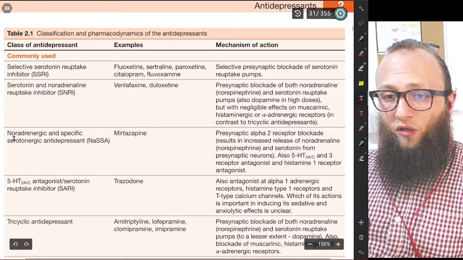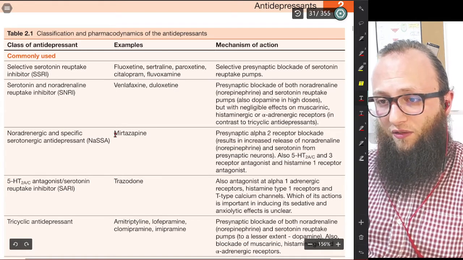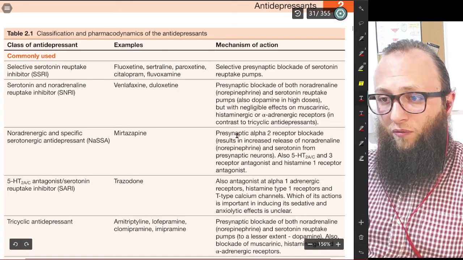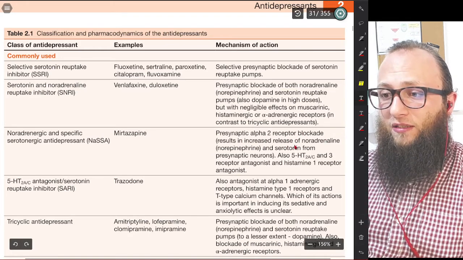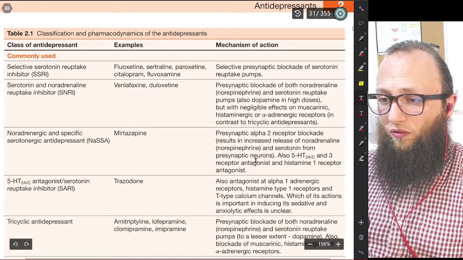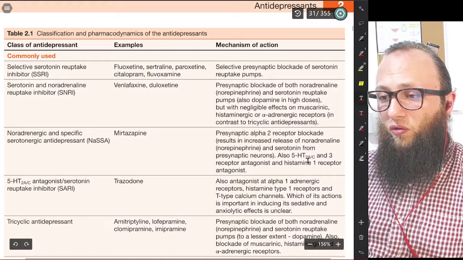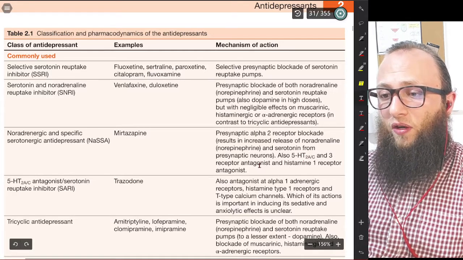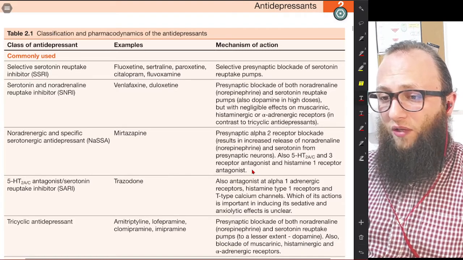What about noradrenergic and specific serotonergic antidepressants, NaSSA, like mirtazapine? They work on presynaptic alpha-2 receptors to block them, so that results in increased release of noradrenaline and serotonin from the presynaptic neurons. It also works as a 5-HT2A, 5-HT2C and 5-HT3 receptor antagonist and a histamine 1 receptor antagonist.